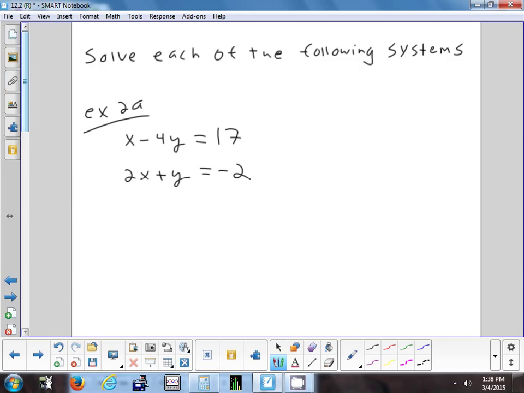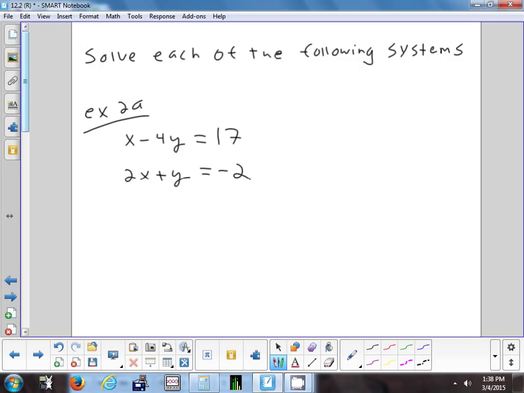Good. So now we have basically four choices. You can pick the top equation or the bottom equation. If you pick the top equation, you can try to get x by itself, or y by itself. If you pick the bottom equation, you could also try to get x by itself, or y by itself. I think one of those options is easier.